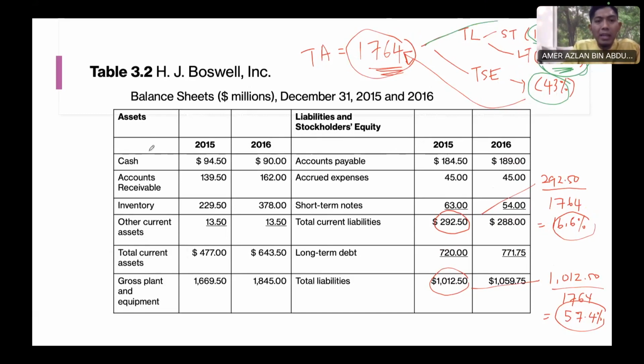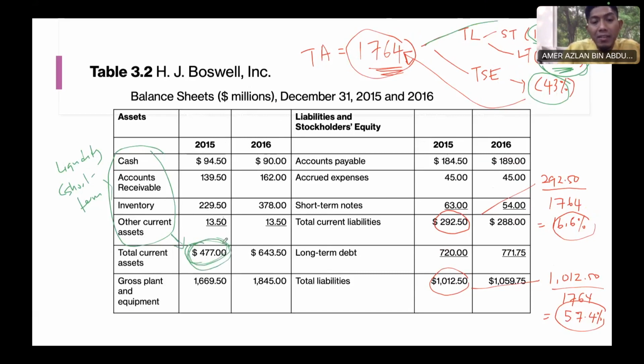Now, where do we look at the liquidity? Liquidity here, why here? Because liquidity refers to short-term ability. So liquidity here we refer to current assets, the total current assets.